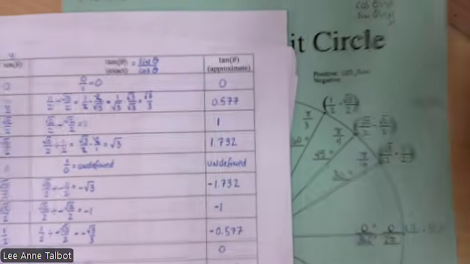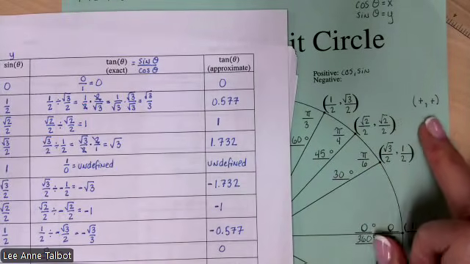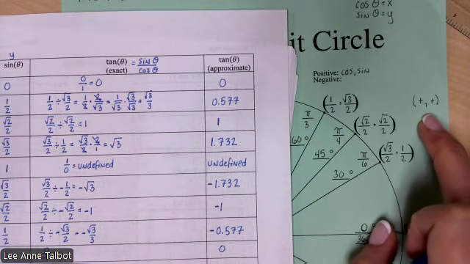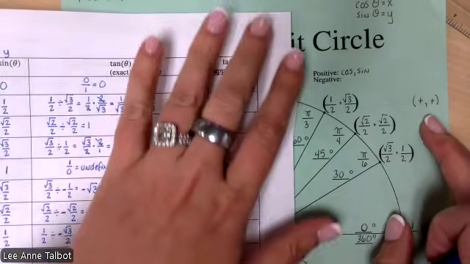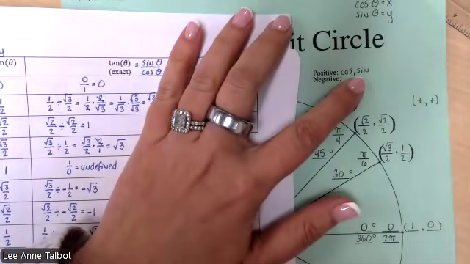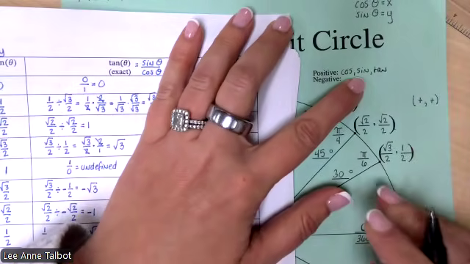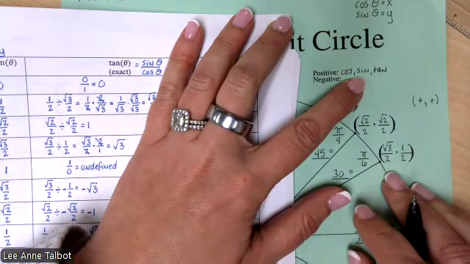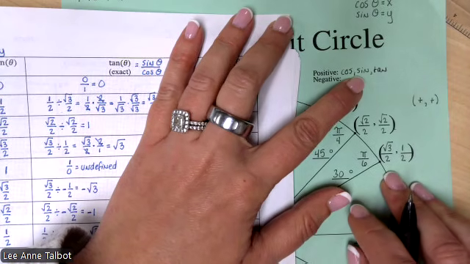Is tangent positive or negative? Positive. And why does that make sense as far as my little picture goes? A positive divided by a positive is positive. Okay, so we're going to come back up here and put tan. Sine, cosine, and tangent are all positive in quadrant 1.